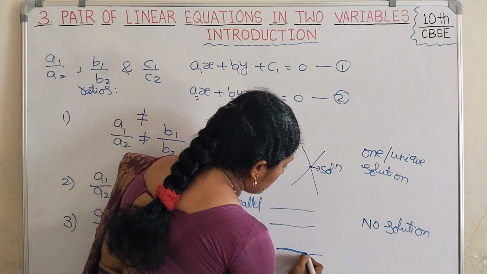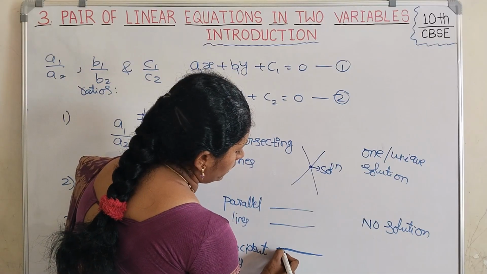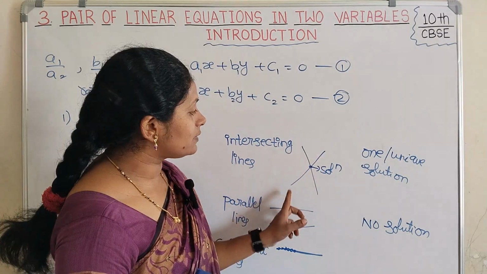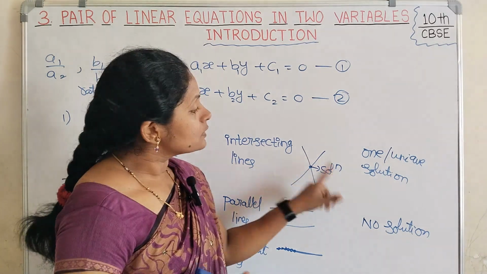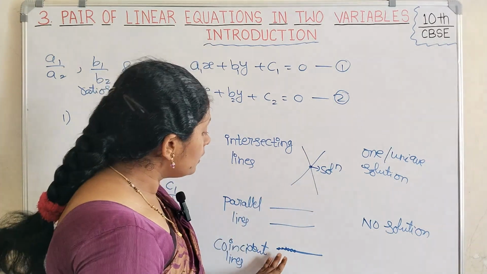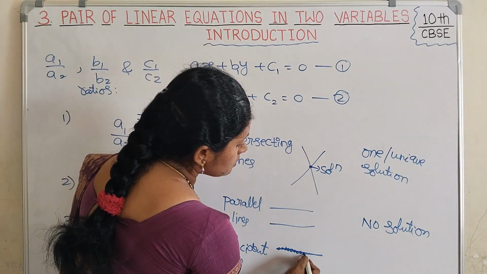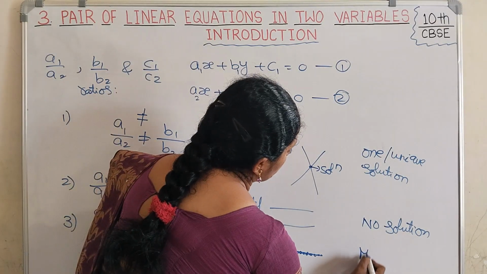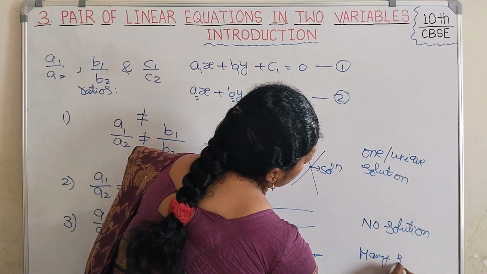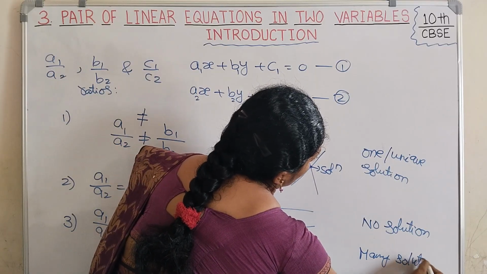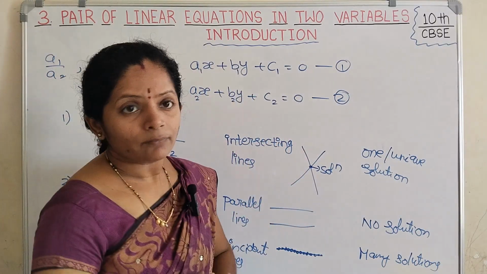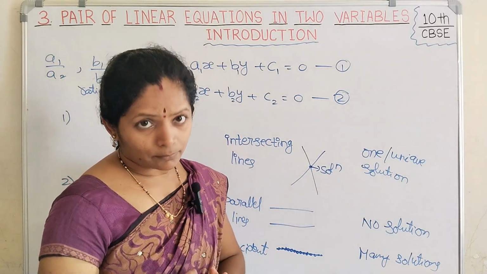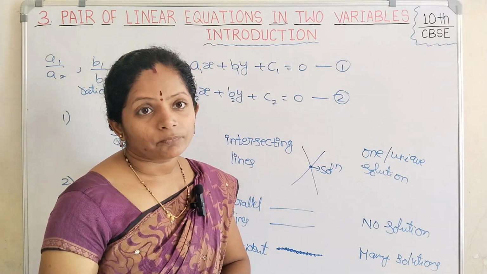On this, the other line will be coincident, which means many solutions exist. Just now we discussed that wherever we get an intersection point, a solution exists. Here, we see many solutions. This type of system is also called a dependent pair of linear equations.